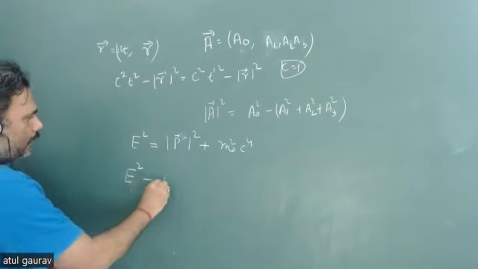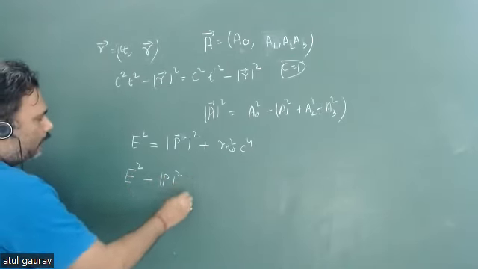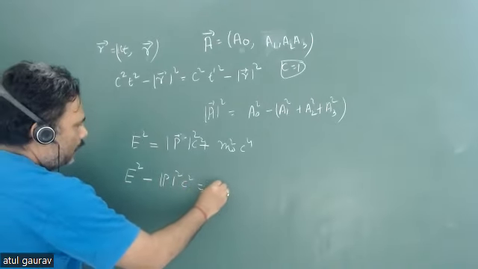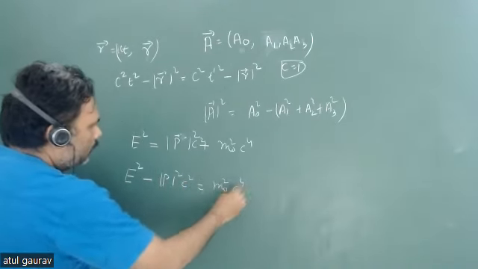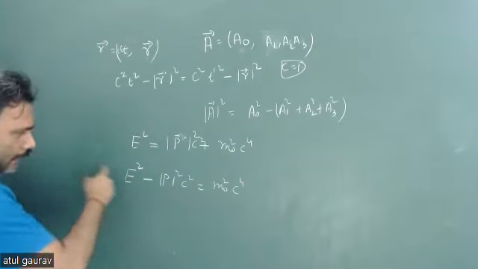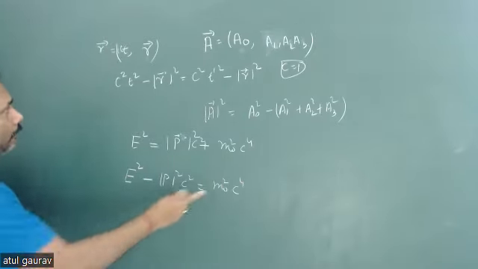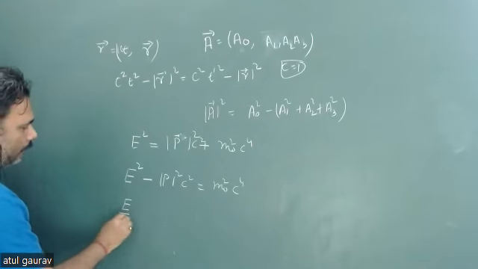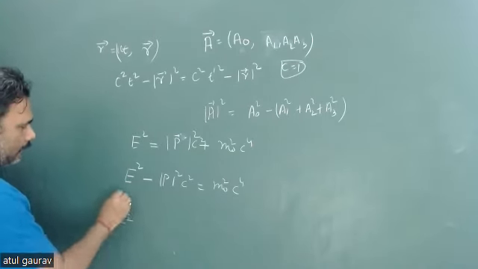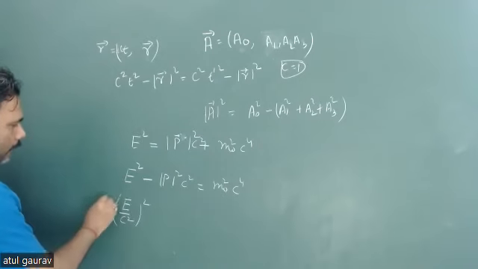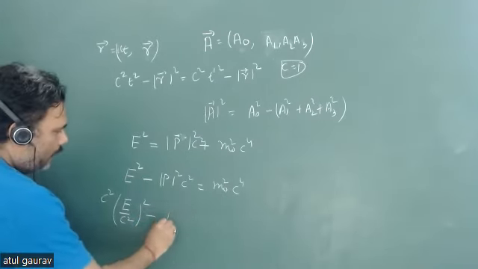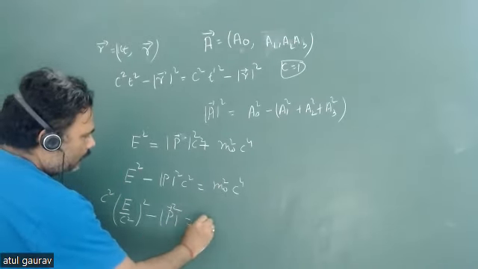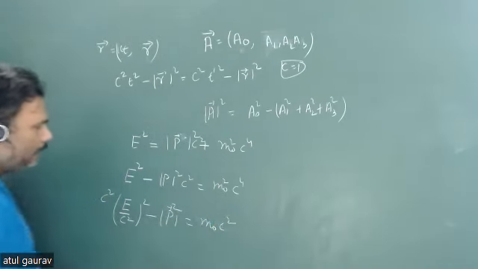This is E square minus P square C square is equal to m naught square C4. And what I can do, I can divide each and everything by C square. Then you have (E upon C square) whole square into C square minus mod P square is equal to m naught C square, isn't it?